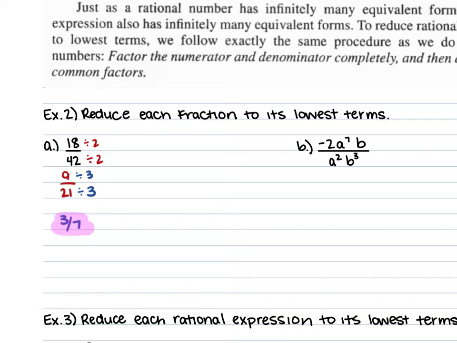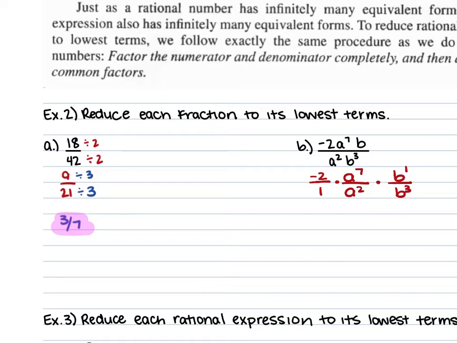In the bottom, I have a squared times b cubed. So I can write this as 3 fractions being multiplied by each other. It would just be negative 2 over 1 times a to the 7th over a squared times b, or b to the 1st, over b cubed.